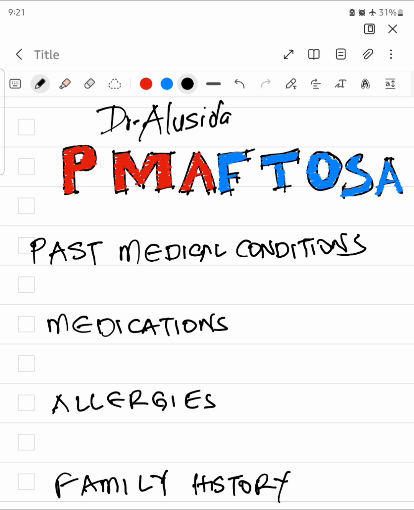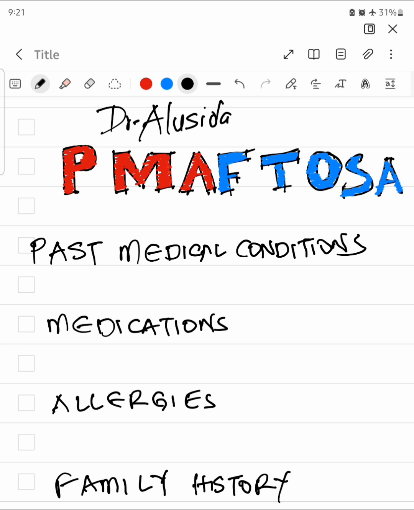So past medical conditions, this is how. Remember, it is how you're going to ask about it that is important, not that you know about it. So past medical conditions, basically you're going to ask, have you been diagnosed with any medical conditions? That is how you're going to ask.